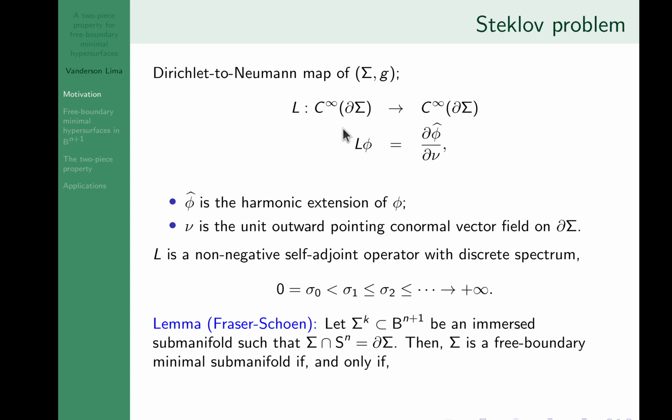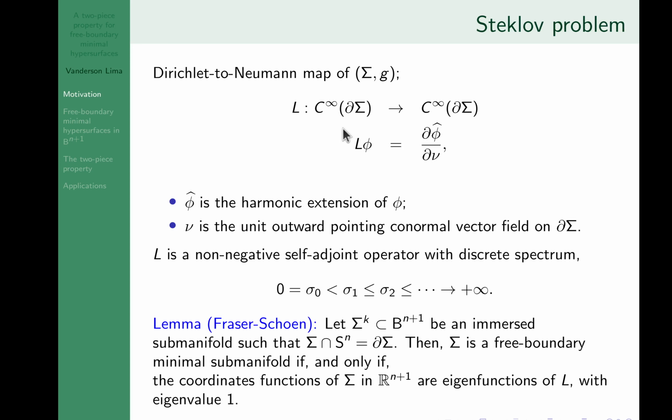So sigma is a free boundary minimal submanifold if and only if the coordinate functions of R^n, when restricted to sigma, are eigenfunctions of my operator L with eigenvalue 1. Okay, so this is an important characterization.